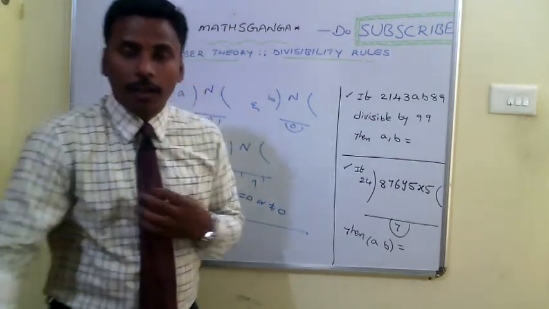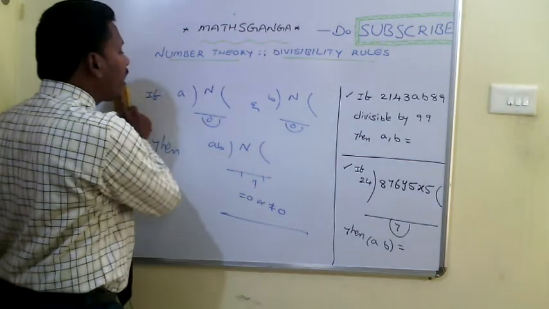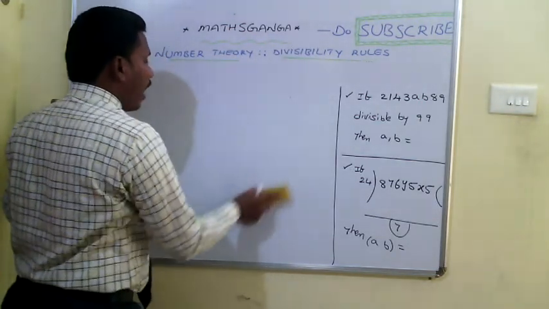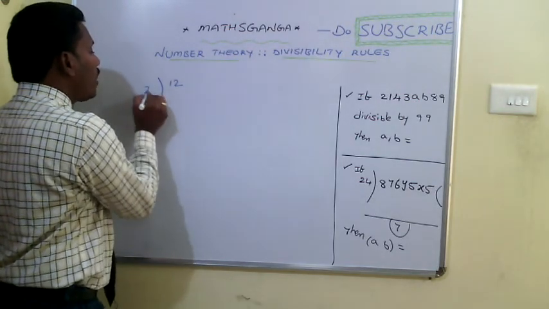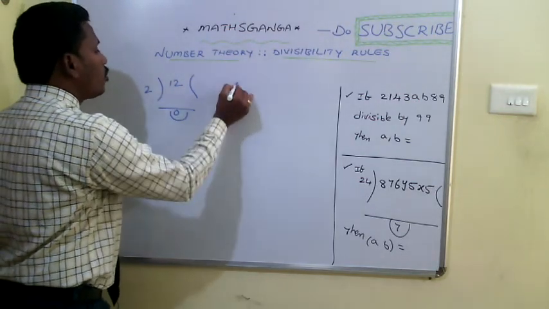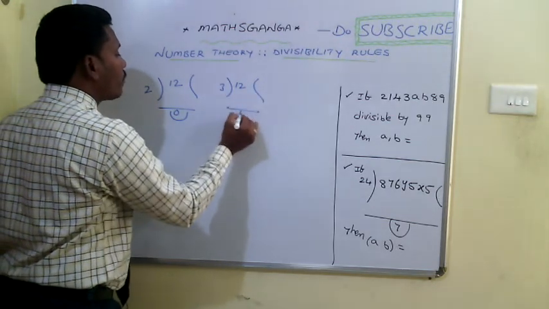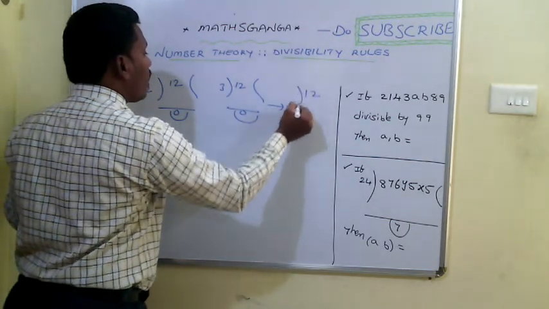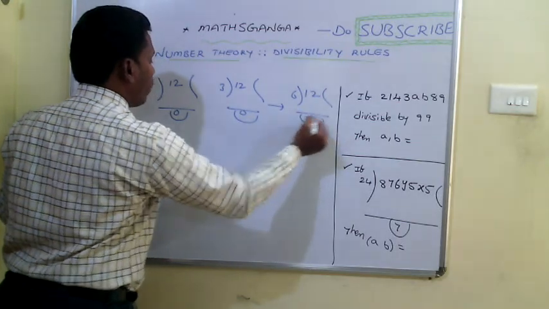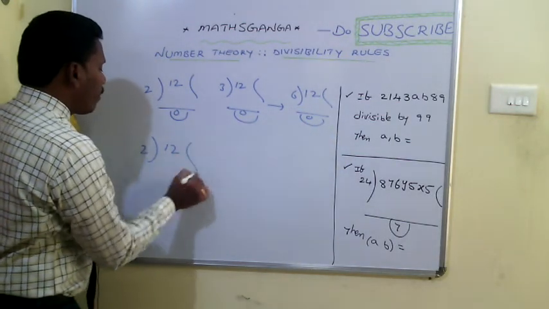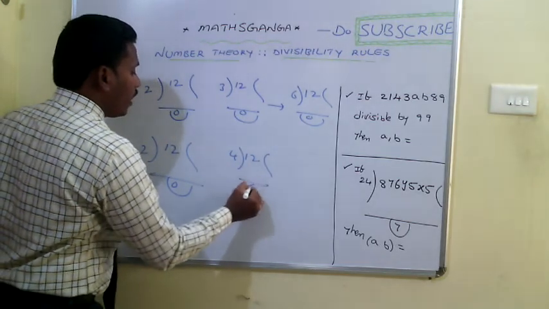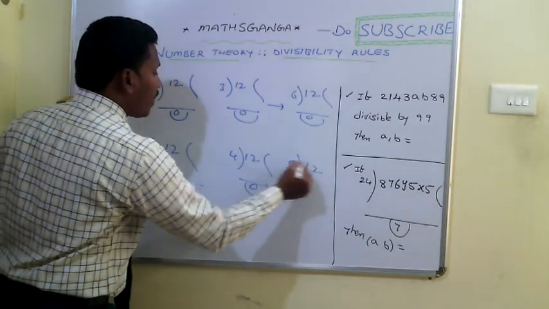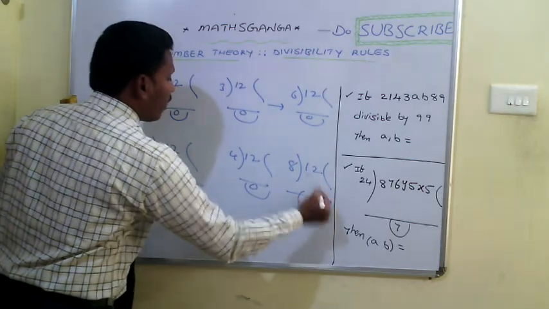We concluded this by taking two examples: 12 divided by 2 leaves remainder 0, 12 divided by 3 leaves remainder 0, and 12 divided by 6 leaves remainder 0; but 12 divided by 2 leaves remainder 0, 12 divided by 4 leaves remainder 0, yet 12 divided by 8 leaves remainder 4.